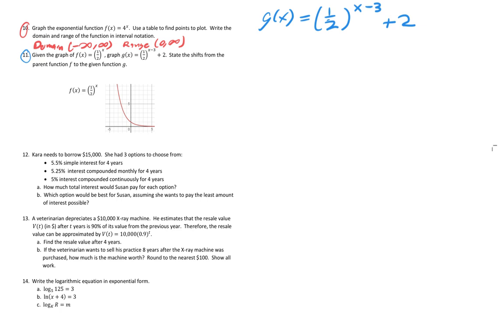And we also want to state the shifts. So our shifts, first we want to look at anything moving in a horizontal direction, right? So we have this x minus 3 here, meaning that we're going to shift right 3 units.